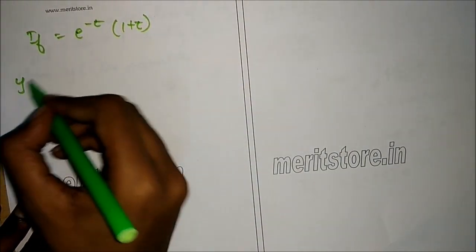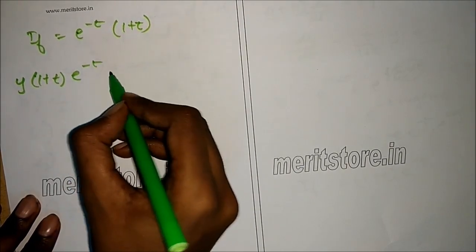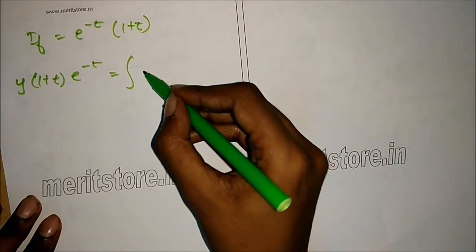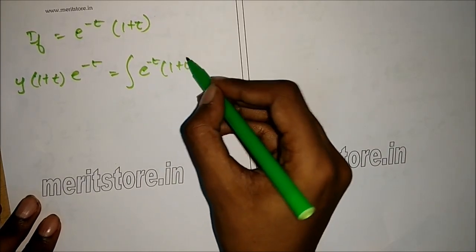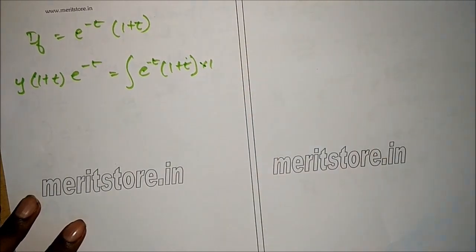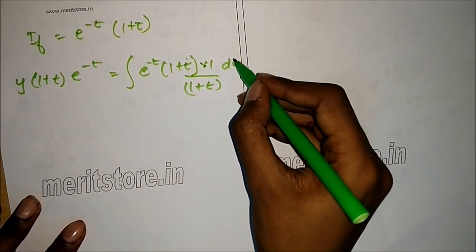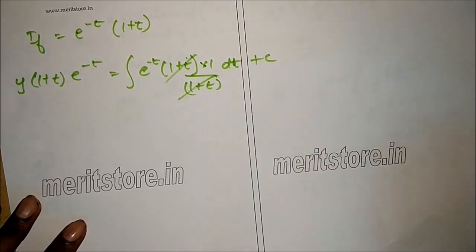So solution will be y into 1 plus t into e raised to minus t, which is integrating factor, equals integral of e raised to minus t into 1 plus t into q, that is 1 by 1 plus t, dt plus c. So 1 plus t gets cancelled.